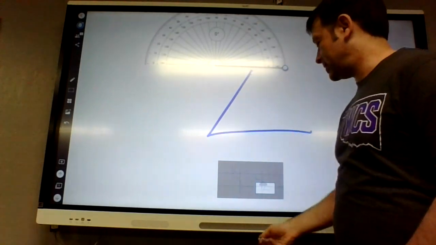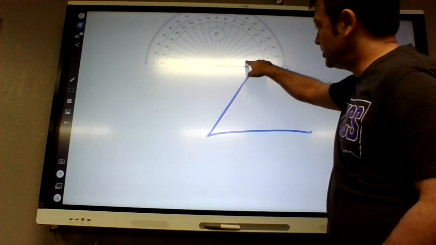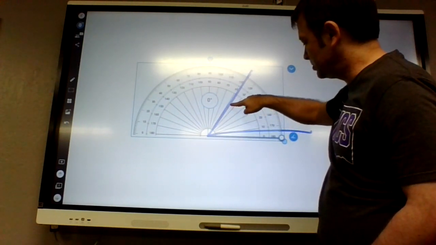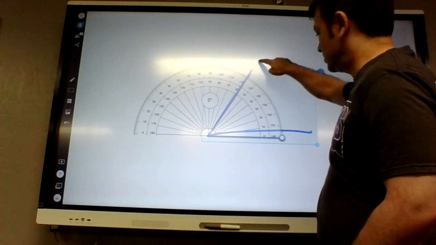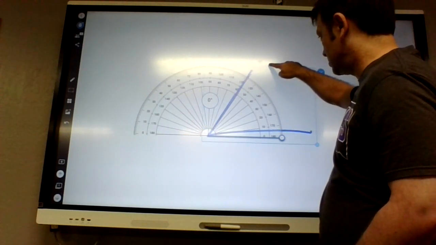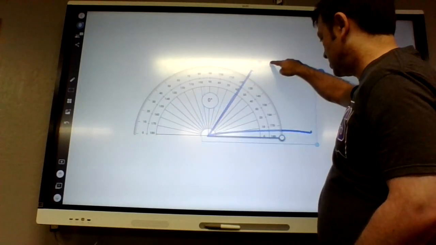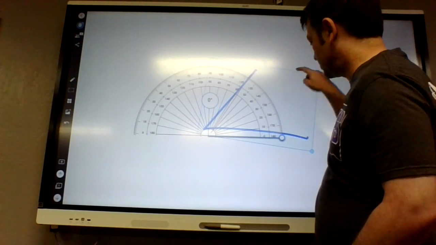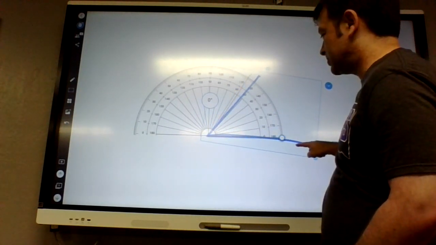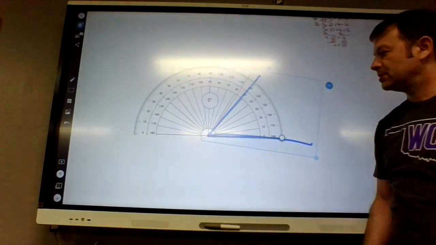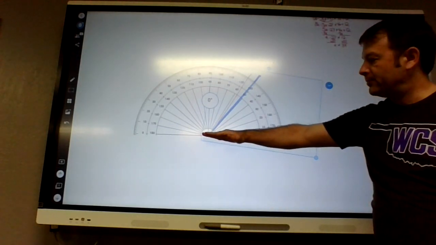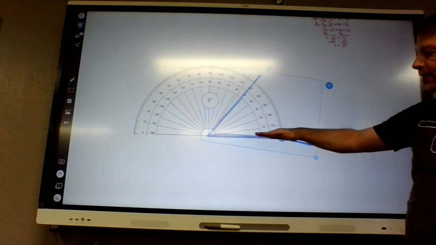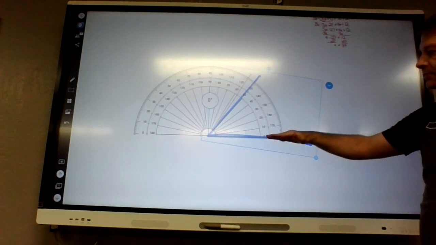You take the protractor and put this point right on the vertex, the intersection point. You want the bottom line of the protractor, toward 0 degrees, along one side of the angle. You see what I'm saying?